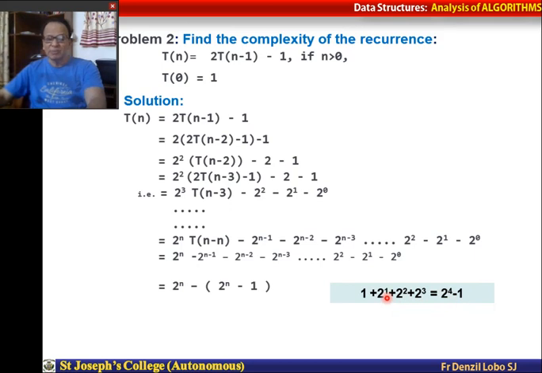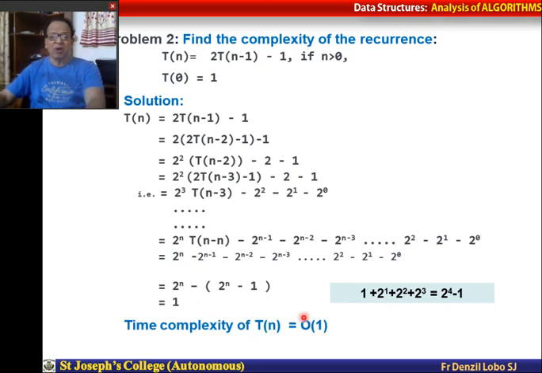You can simply check it and see. So this becomes 2 to the power n minus (2 to the power n minus 1). Simplify, this cancels and therefore it is 1. Very simple, though the formula looked complicated. We see that the complexity of the algorithm is of the order 1. Order 1 is the best complexity.